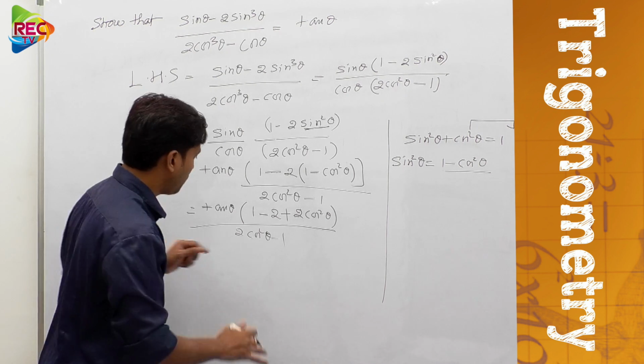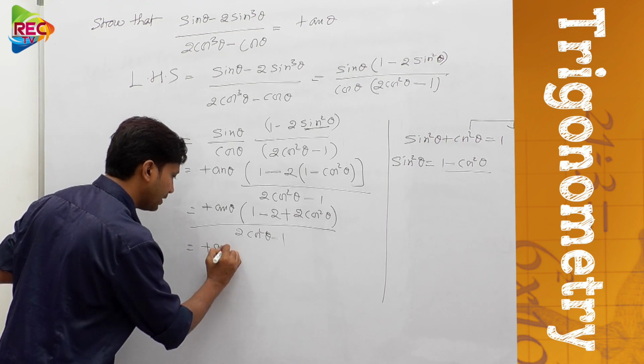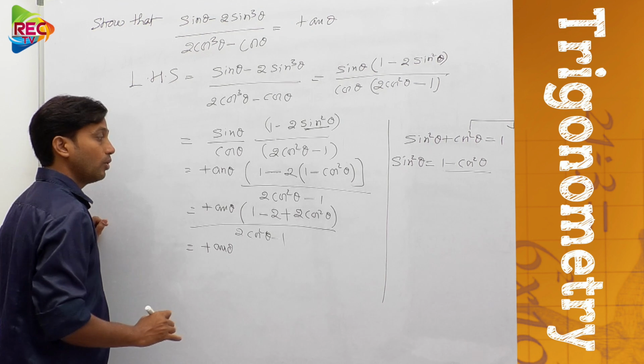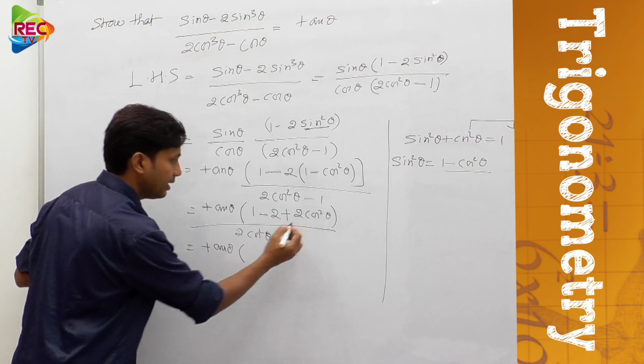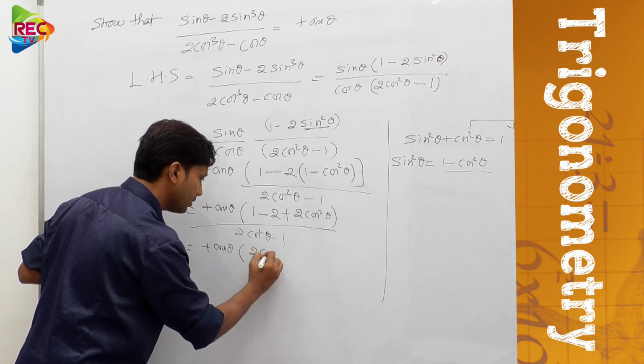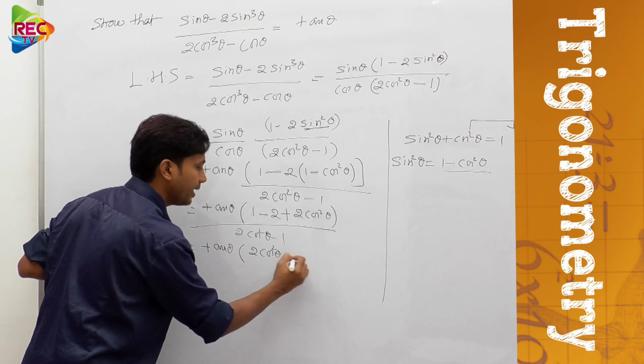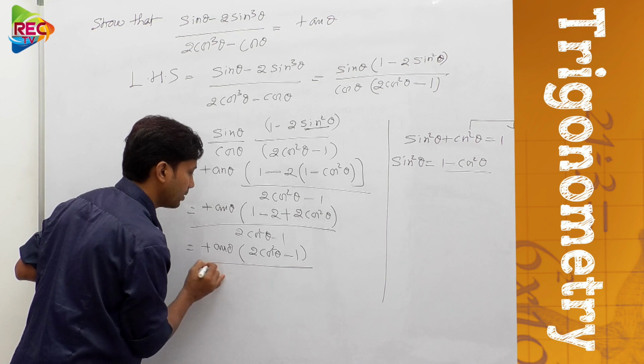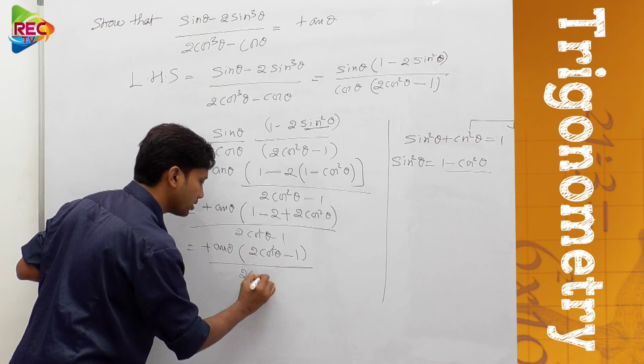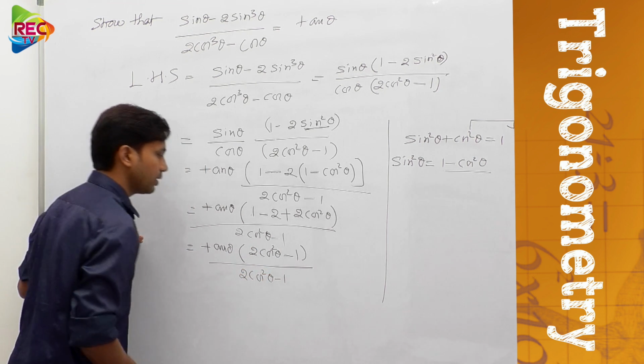So now tan theta into (2 cos square theta minus 2 plus 1, again it is minus 1) by 2 cos square theta minus 1.